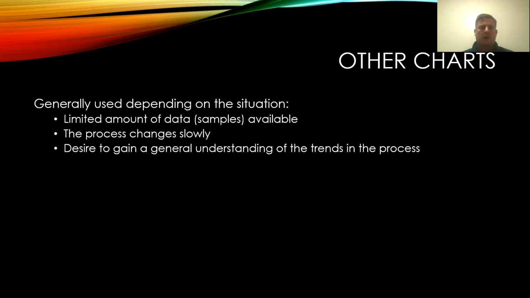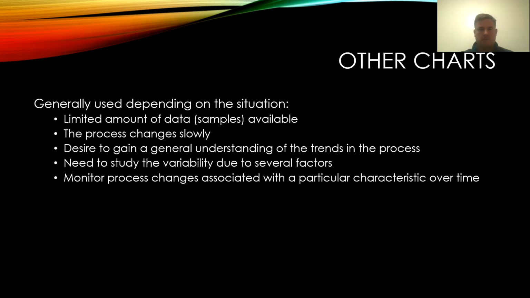You want to have an understanding of the trends in the process, but from the standpoint of not having a lot of samples, so you still want to understand what the trends in the process are. You want to study the variability due to several factors, other than just one measurement that you're looking at, things that are dependent on each other, or the correlation of a couple of different factors.